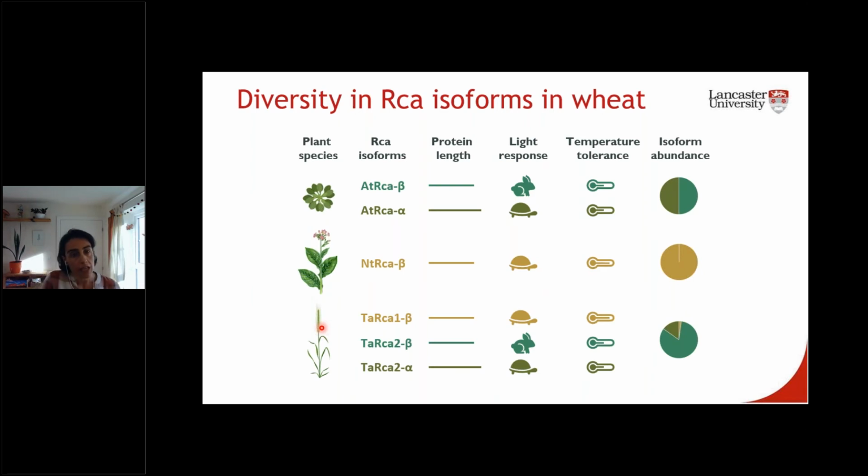So my final research slide is just to show this figure where I highlighted what are the isoforms that are present in model species Arabidopsis and tobacco, and what's their protein length, light response, which I didn't go into detail here today, but also in terms of temperature response and isoform abundance, and what we know now for the wheat isoforms.